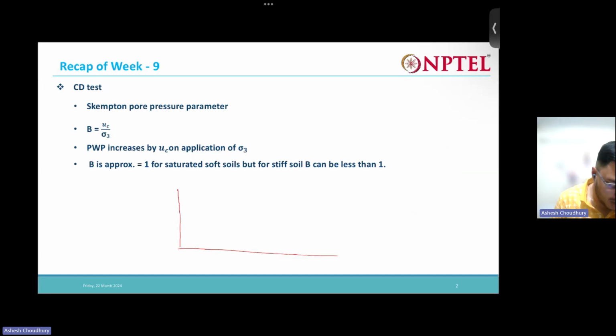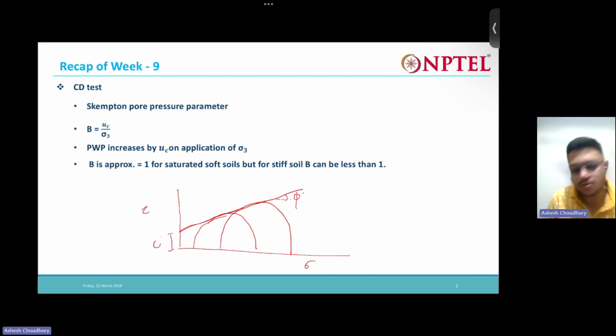So what you get is some more Mohr circles like this. Then you draw a common tangent to the Mohr circles, and that will give you the phi and the c, that is, the friction angle and the cohesion.